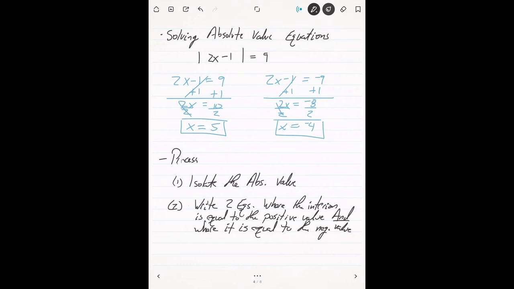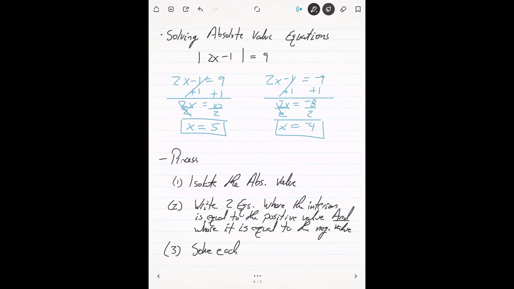So you write two equations where the interior is equal to the positive and where it's equal to the negative. And then the last thing you need to do is just solve each. So go ahead and solve each of these equations. You're going to need really two answers for x here.